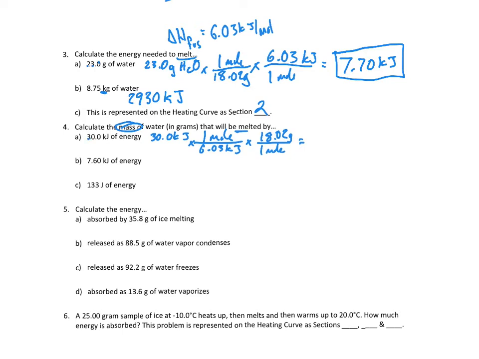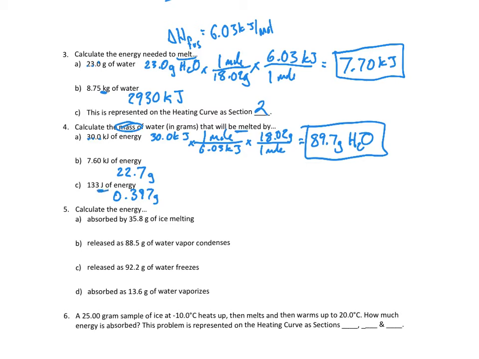And I have 3 significant figures, so this is going to give me 89.7 grams of water. And if you do the next 2 little problems here, you should get 22.7 grams and 0.397 grams. And again, that last one is so small because that's in joules.